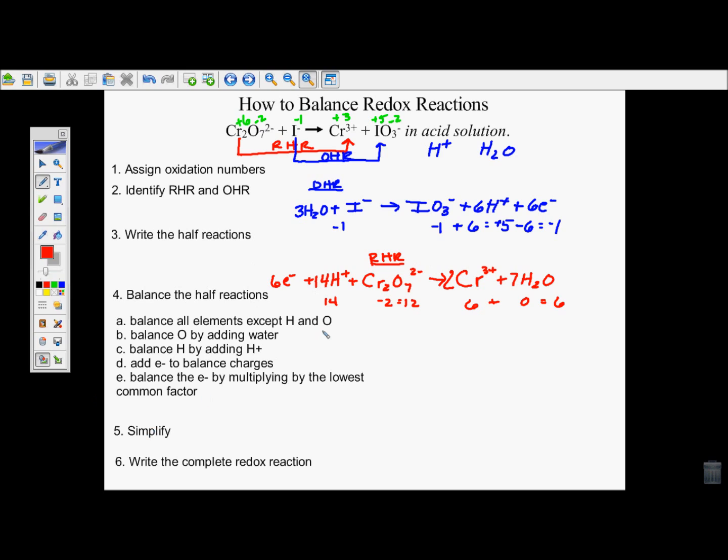So now we put it all together just like before, leaving yourself plenty of room to write, so I'm going to start right here. So we start with our reactants here and here.